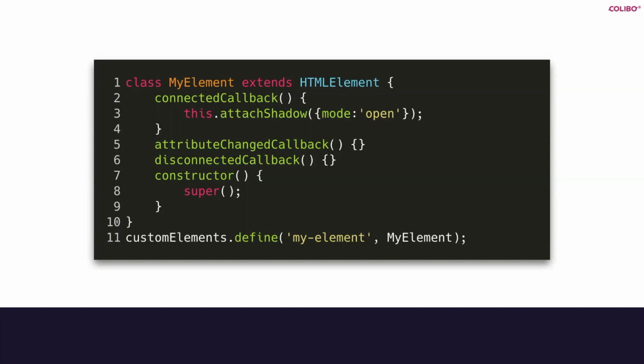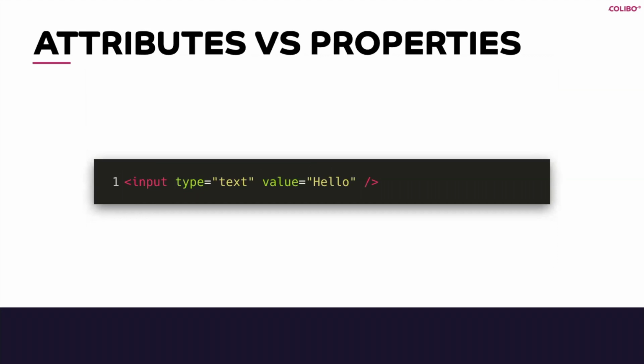So that's pretty straightforward. But I think some of the confusion comes from the fact that this is a line of HTML, right? Where I define an input field. I put in two attributes here. One is type equals the value text, and value equals the value hello, or the string hello.